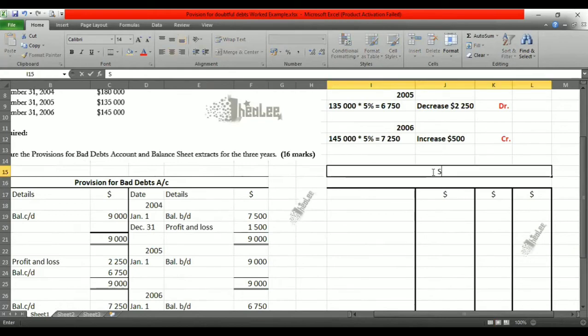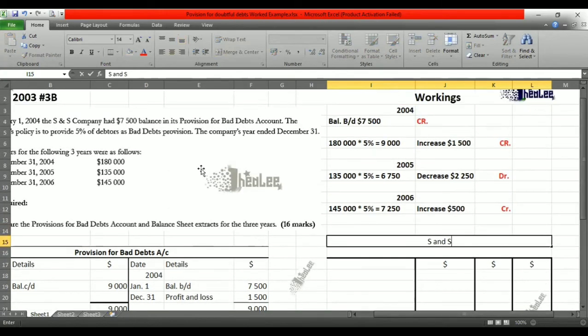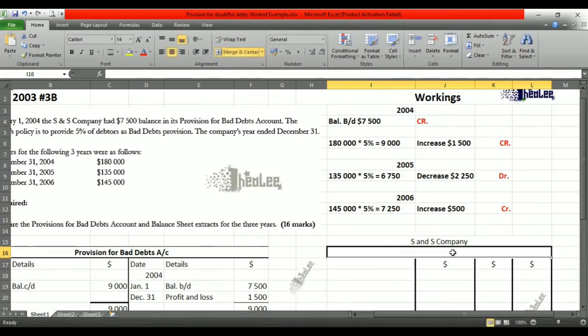We're preparing the balance sheet for S and S Company. The information is right here. The name of the business, which is S&S Company. And you must indicate what you're preparing, which is the balance sheet.